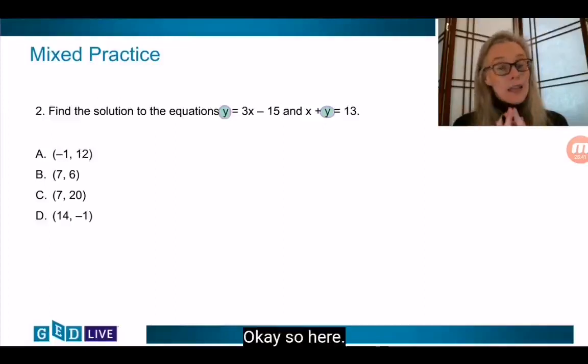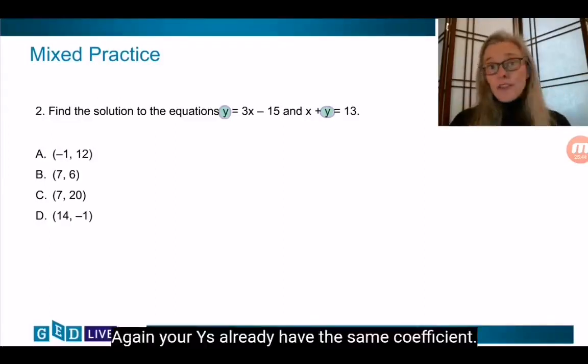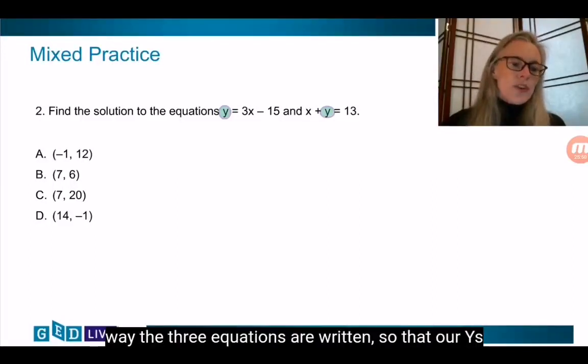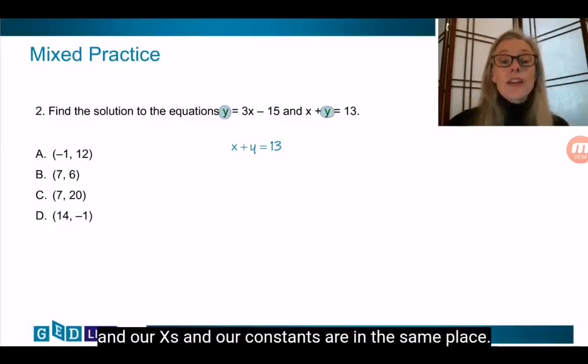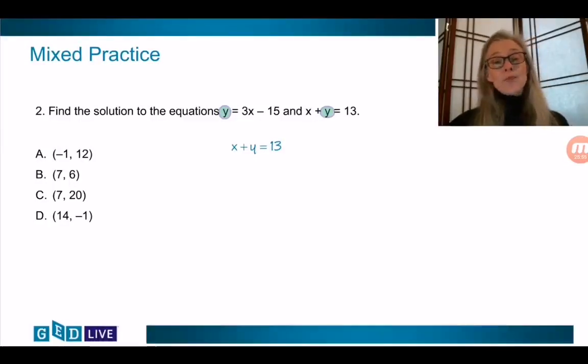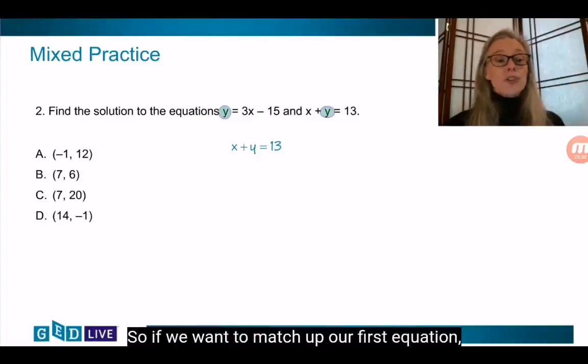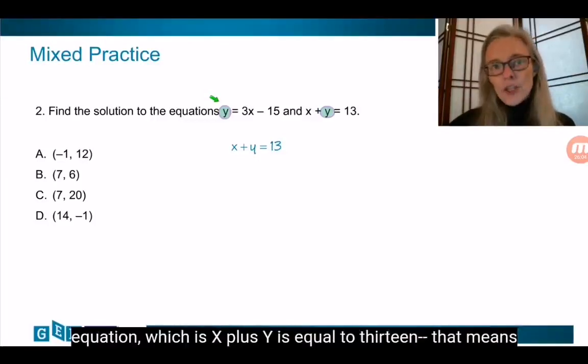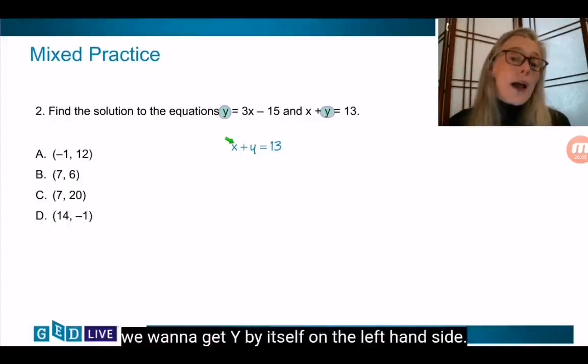Okay, so here, again, your y's already have the same coefficient. So really what we need to do is just rearrange the way the equations are written so that our y's and our x's and our constants are in the same place. If we want to match up our first equation, y equals 3x minus 15, with our second equation, x plus y is equal to 13, that means we want to get y by itself on the left-hand side.